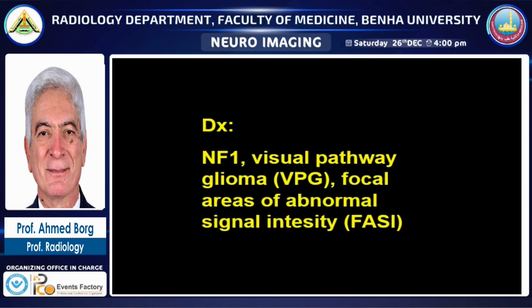Diagnosis is NF1, neurofibromatosis type 1, and visual pathway glioma involving the optic chiasm and both optic nerves, and focal areas of abnormal signal intensity.